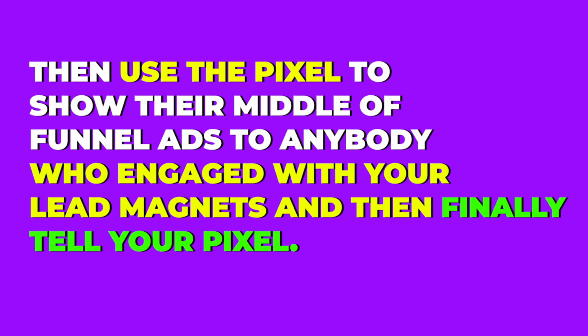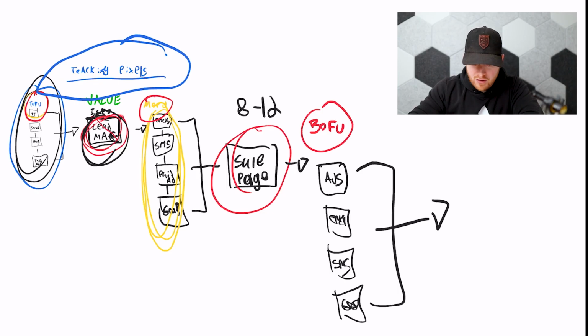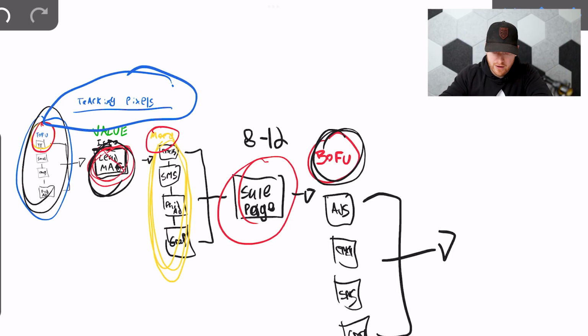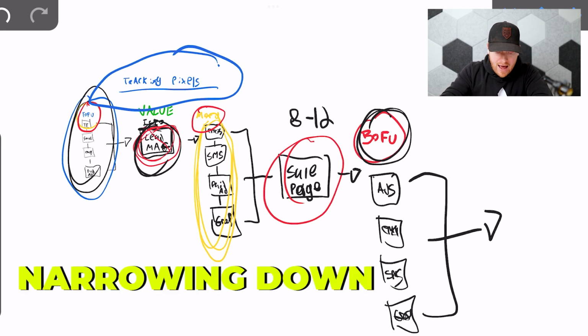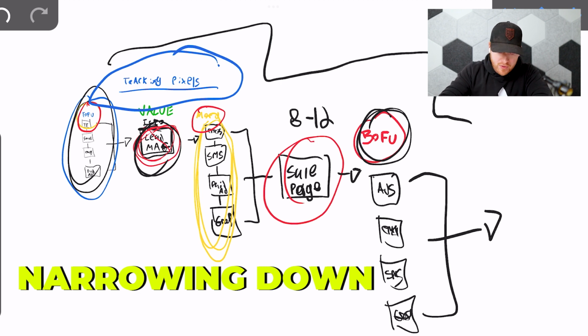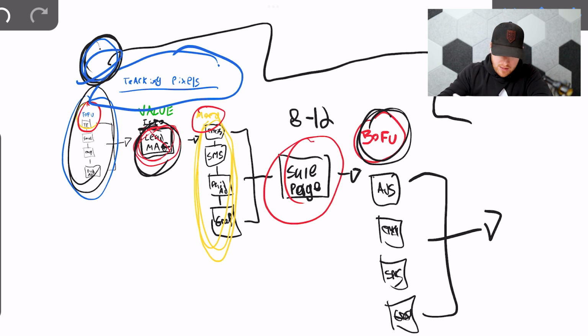And then finally, tell your pixel, show my bottom of funnel ads to anybody who initiated a checkout, made it to the checkout page, spent a lot of time on my website, visited more than one time, etc. So really what we're doing is narrowing down our audience from the people with the least interest, completely cold, to the people with the most interest, really warm.